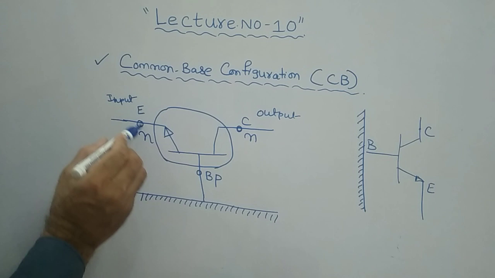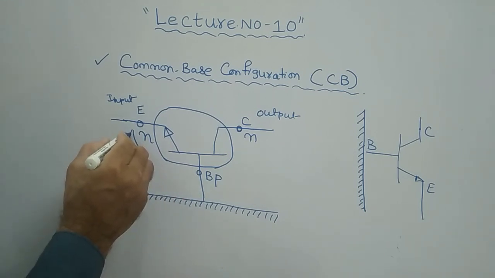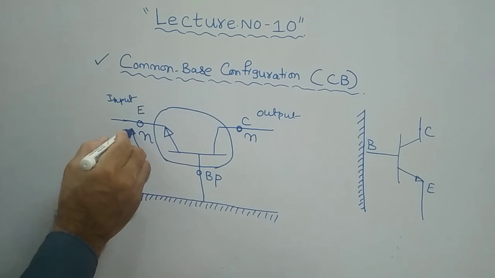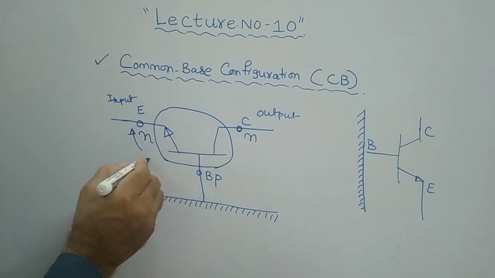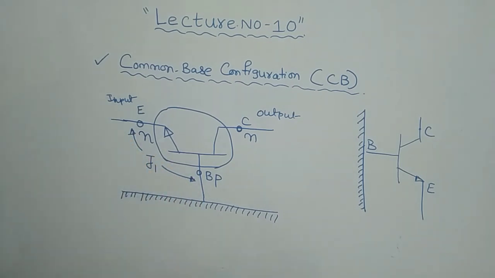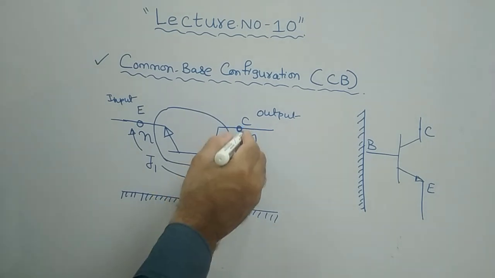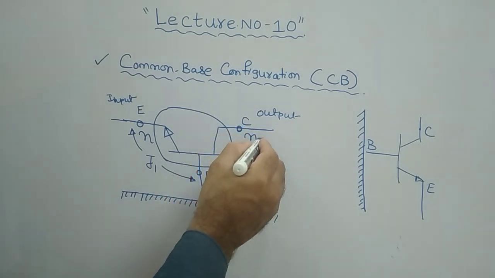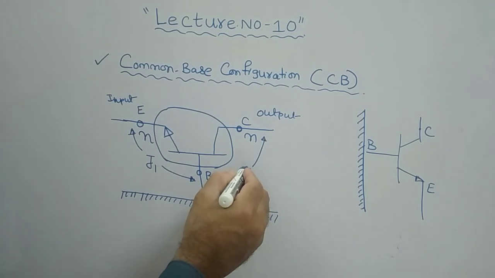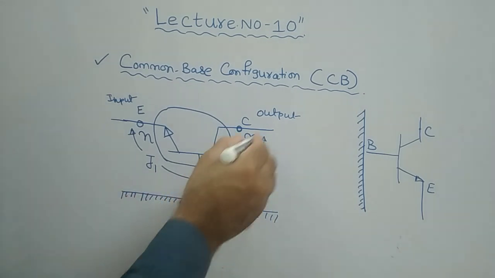As per this common base configuration, you can see that this is emitter and then base. This is one junction, called the input junction, between emitter and base. I can call it J1, or input junction. Similarly, the collector and base form J2, or junction 2, otherwise called the output junction.